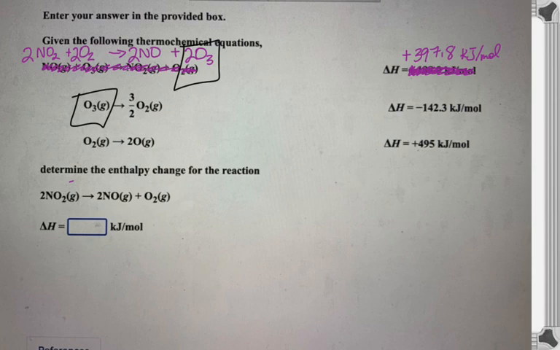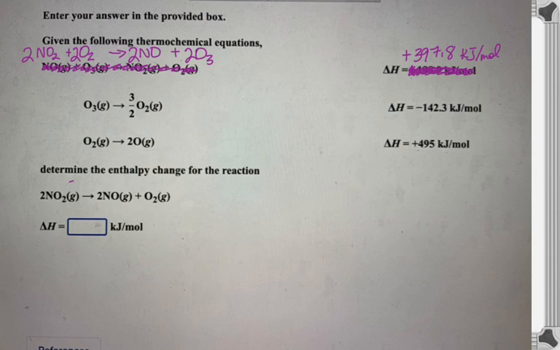In order for them to cancel, they have to be on opposite sides. Okay, so these are on opposite sides, but the problem is there's 2 of them here and there's only 1 of them here. So it's just like in algebra. If you have a 2x and an x, you can only cancel out one of the x's, right? You can't cancel out both of them. So I need the coefficients to match.